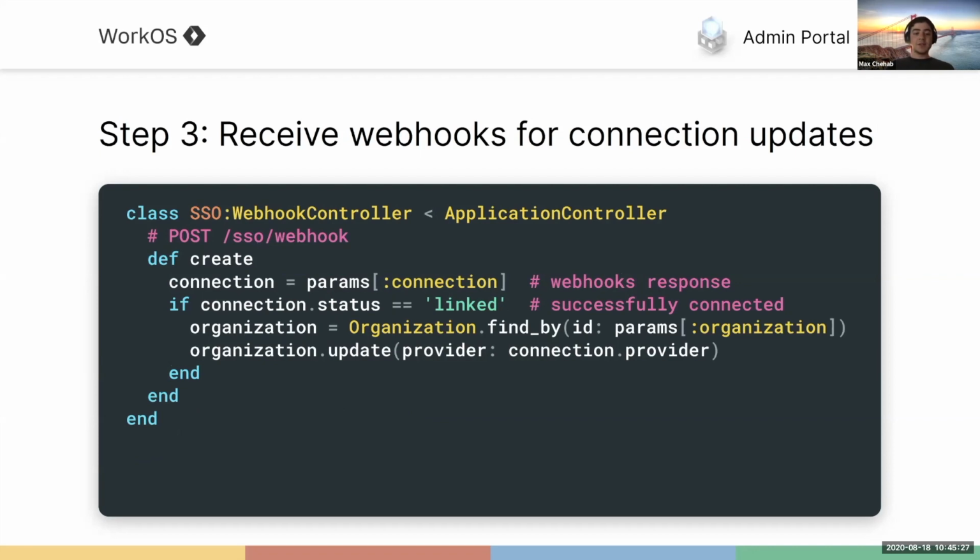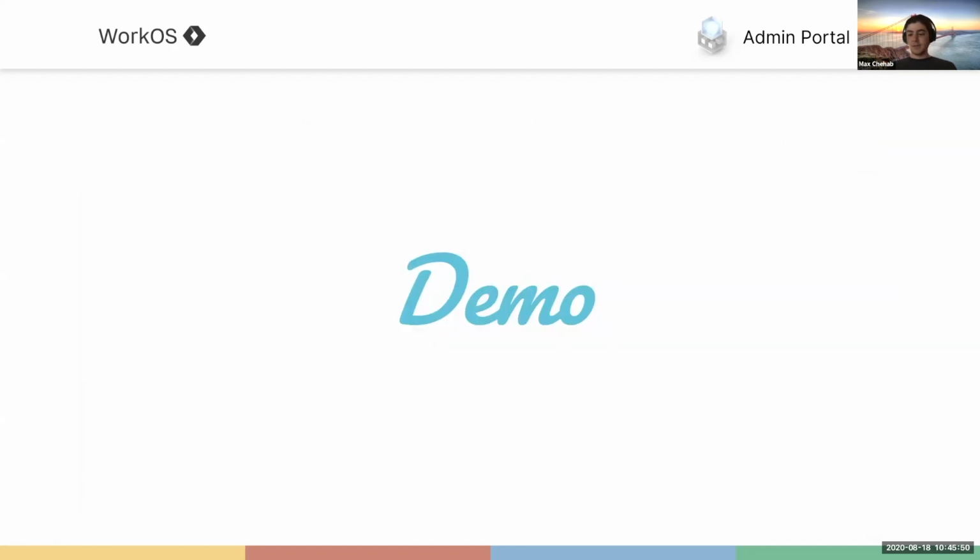So if this is the case, we just take the organization out of our database, and we update the provider with the provider that the connection was configured with. So if the user has set up SSO with Okta, they'll get a notification here at this webhook endpoint, and then we update our database so we can show a different UI later. And with that, let's give a little demo.